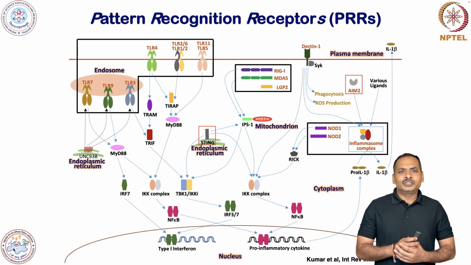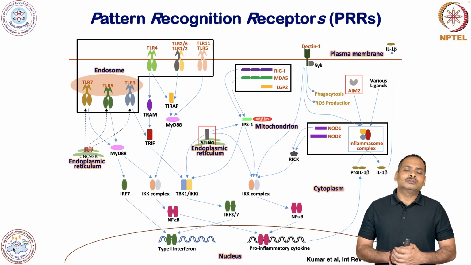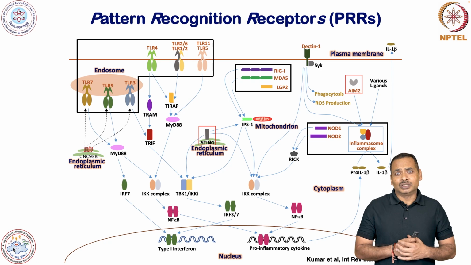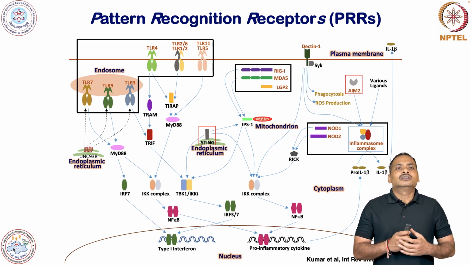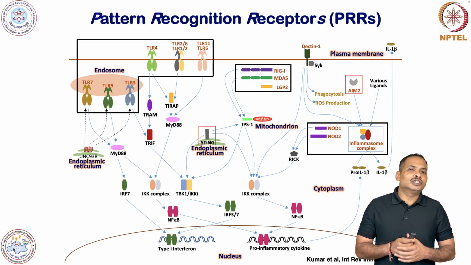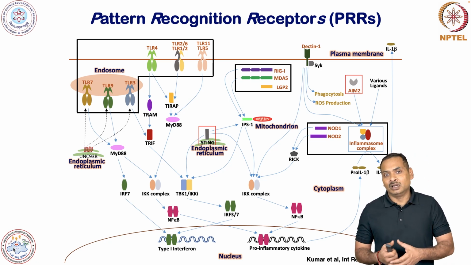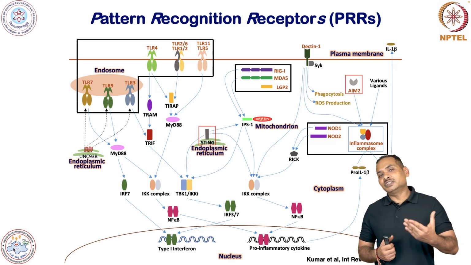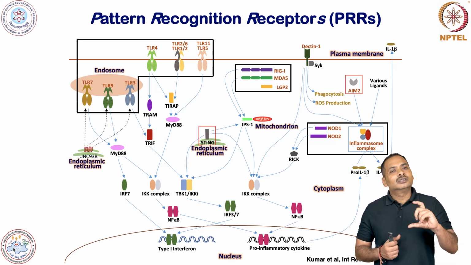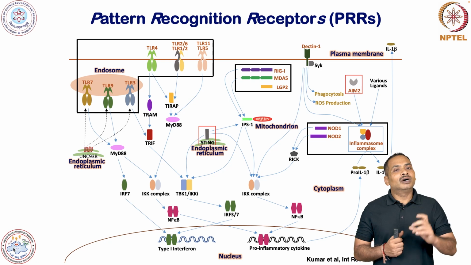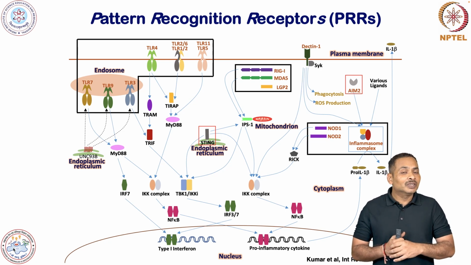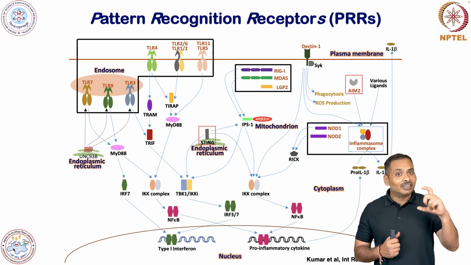So, TLR4 uses 4 adapter molecules. The first adapter molecule is TIRAP, which is also known as MAL. In the previous session I discussed MyD88 and MAL, also known as TIRAP. They have a TIR domain.